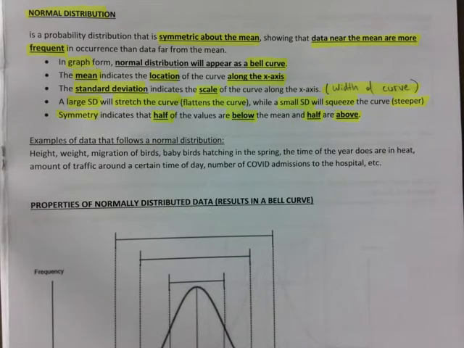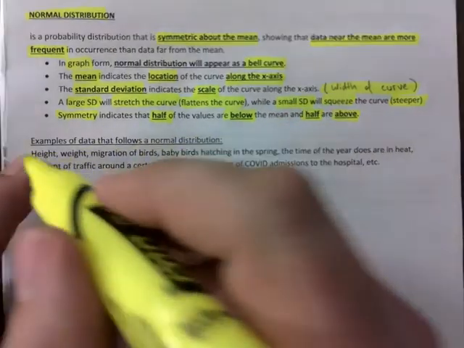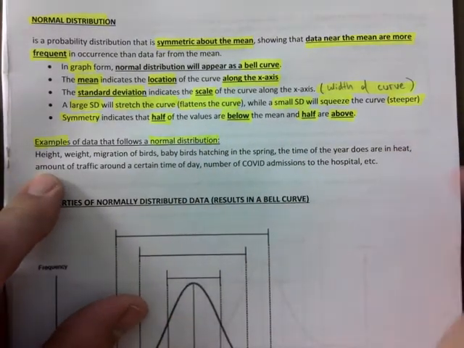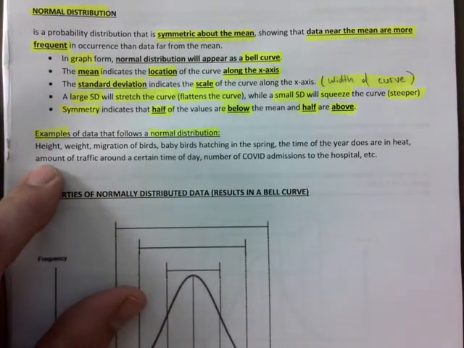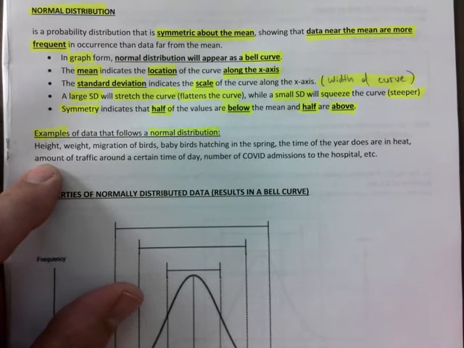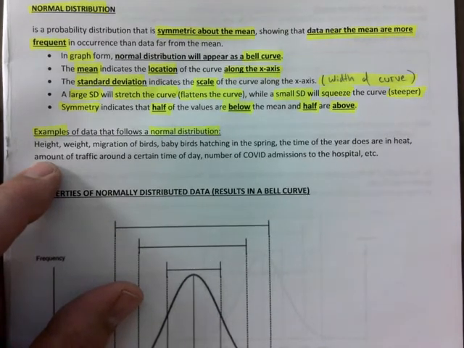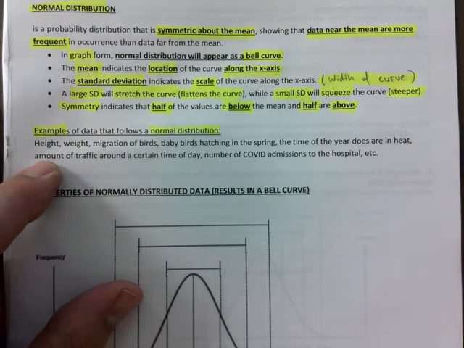Here's just some examples of normal distribution. Many aspects, especially human characteristics. If you were to collect that information and plot it on a graph, it will appear to be normally distributed. It will have a bell shape.